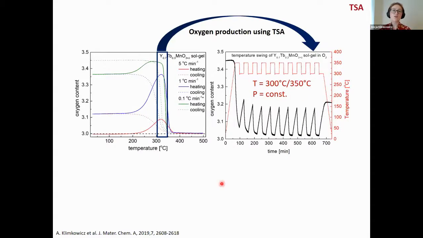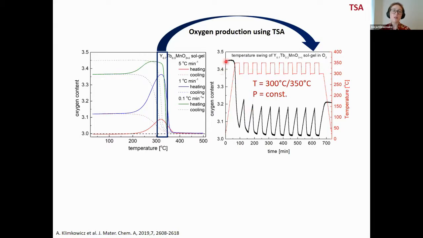So how can we use it? If you zoom into this region between 300 and 350, we can actually swing between those two temperatures. So here you can see the temperature was increased to 350, kept there for a moment, then reduced to 300, and we perform such swings of temperature.